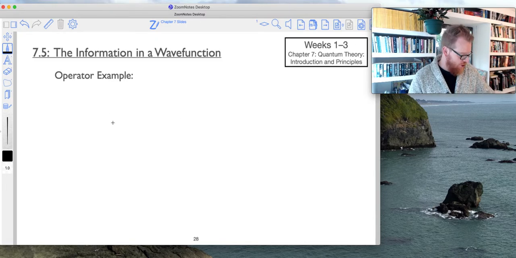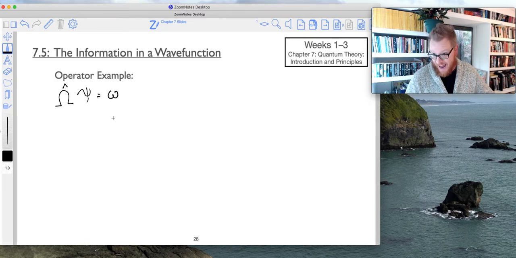I'm going to write this up in the general version. This is an uppercase Greek letter omega, and recall we put a little hat on it to note that it's an operator. The operator operates on psi and returns, this is not a W, it's a lowercase omega, and that's our eigenvalue, which is a real, single valued number.